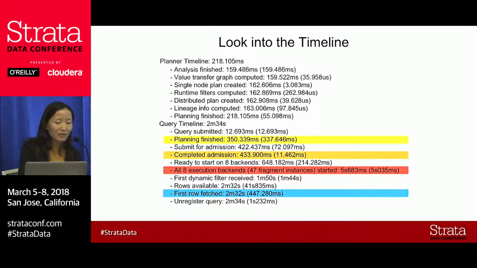So that means this first row fetched. If you're doing a select count query, you only have one row to show. Then the first row fetched is the same as your total query finish time.